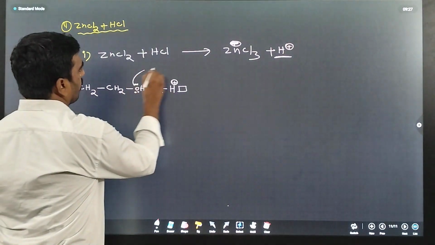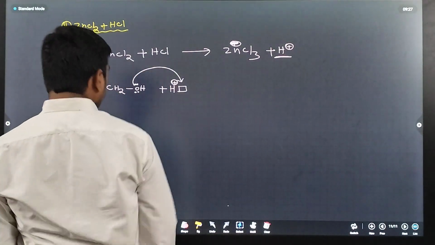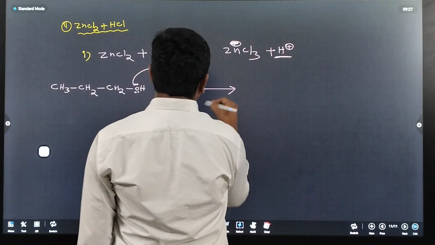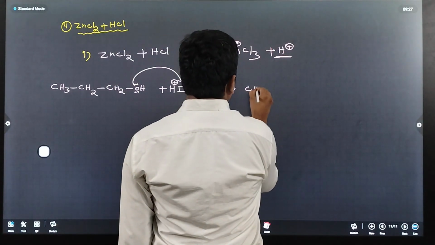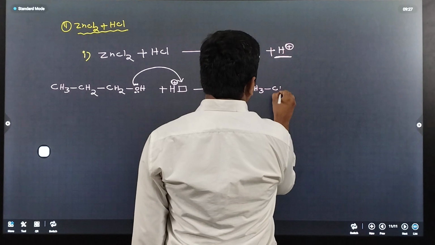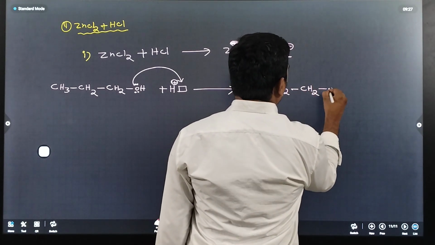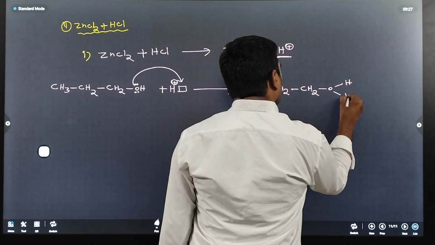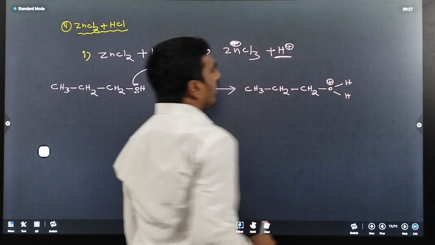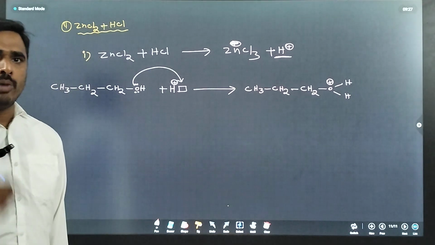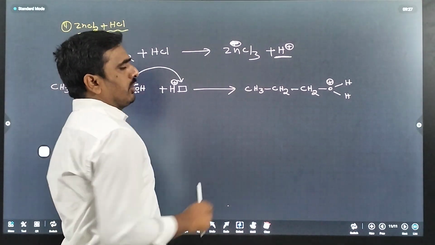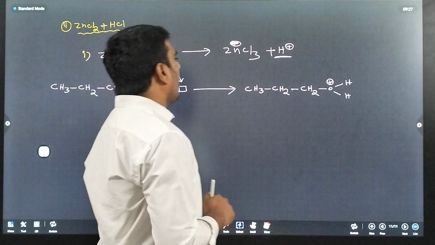So this lone pair is donated to here. So we get CH3 CH2 CH2 with oxygen gaining a positive charge.